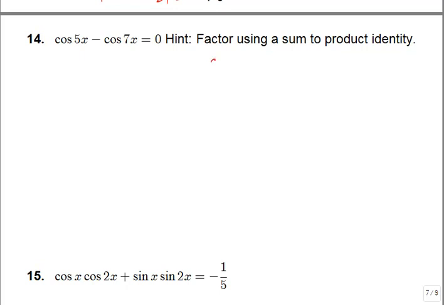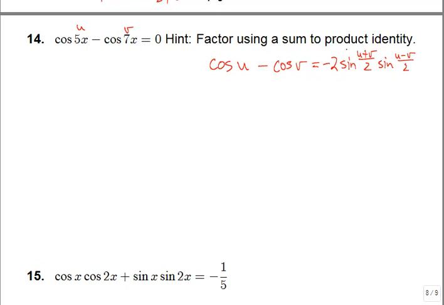The one that this looks similar to is cosine of an angle, where our angle here is this 5x, that's going to be our u, minus cosine of another angle, my v. So I have the difference of two different cosines. According to this identity, this turns into minus 2 sine of u plus v all over 2 times sine of u minus v all over 2.